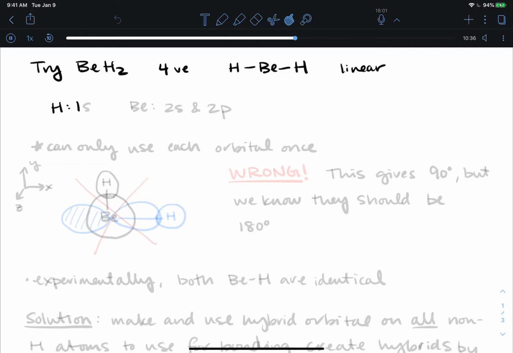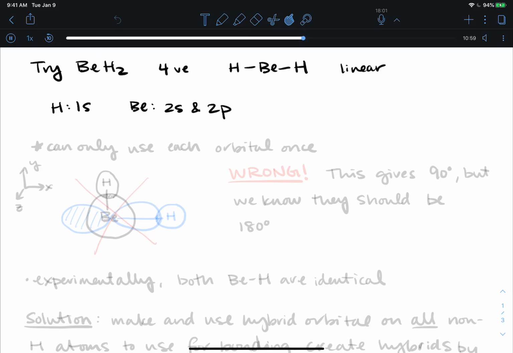And the orbitals that we have available to us to make these single bonds between beryllium and hydrogen: hydrogen still only has that 1s orbital. For beryllium, we have the 2s and we have the full set of 2p, right? And these are just the orbitals holding the valence electrons. We're only going to worry about the valence electrons in this model.